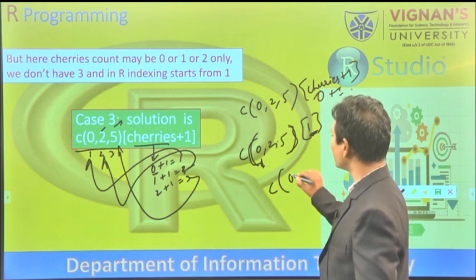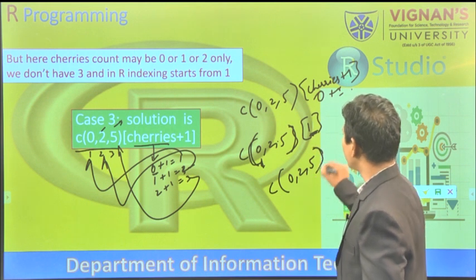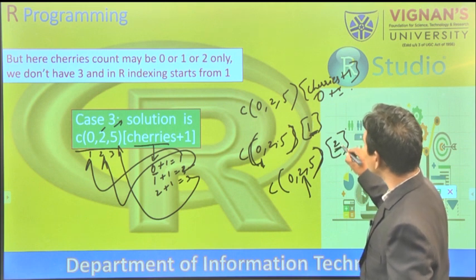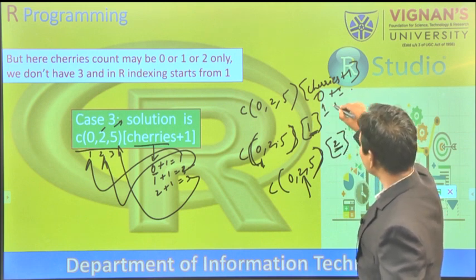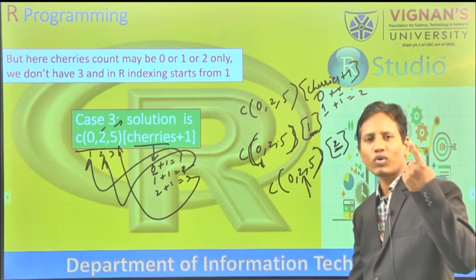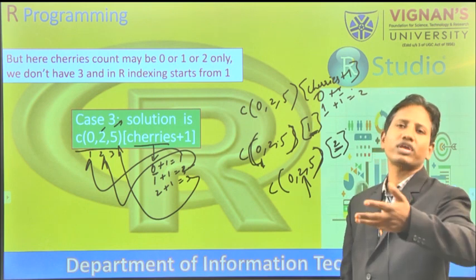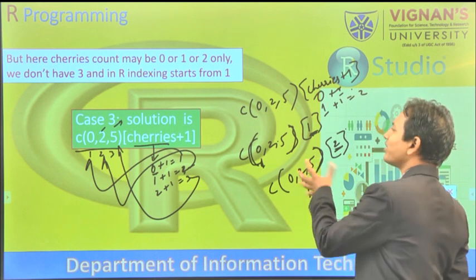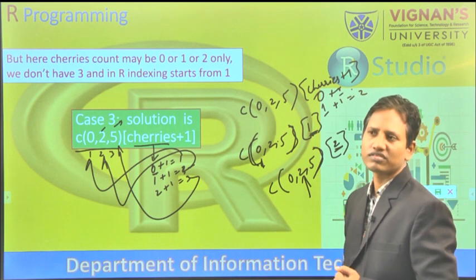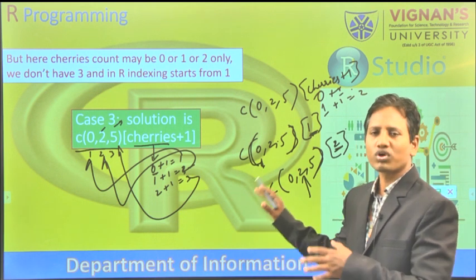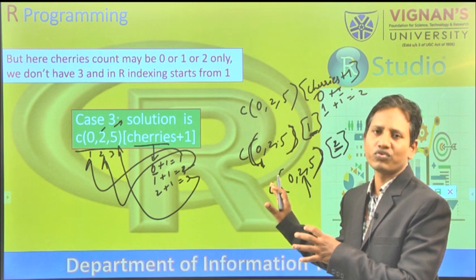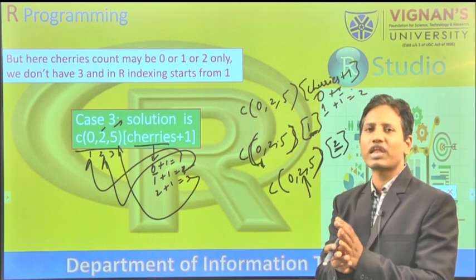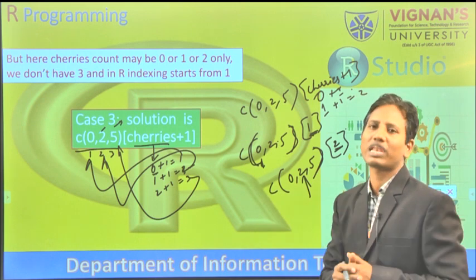And C of 0, 2, 5 at index 2: when the number of cherries is 1, plus 1 will be 2, meaning only 1 cherry. For 1 cherry we are offering 2 points, so we get the same answer. This is the way we have to understand this lookup table. This lookup table is very helpful to easily implement such things, that is assigning values or looking for a specific value.